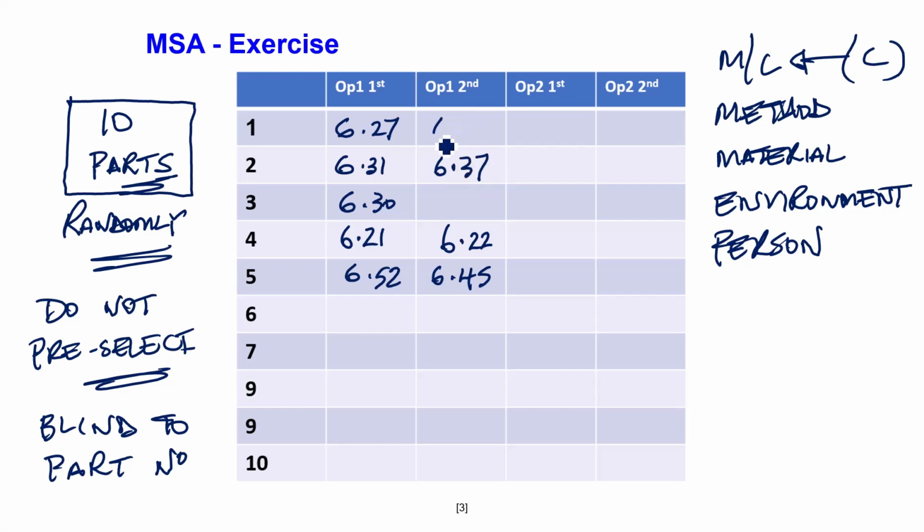Of course, what we would hope for is that we get an identical measurement when we measure second time. Any difference here, of course, is error. Then what you do is you give them to operator 2, and they will do the same thing. They will have an attempt to measure the part again. So you give it out in run order first of all.